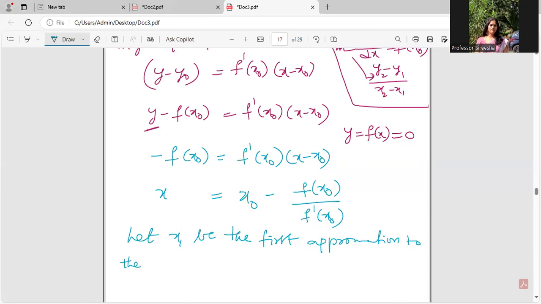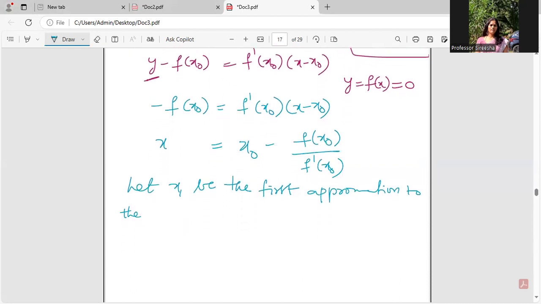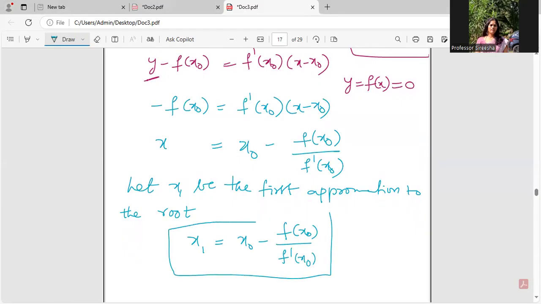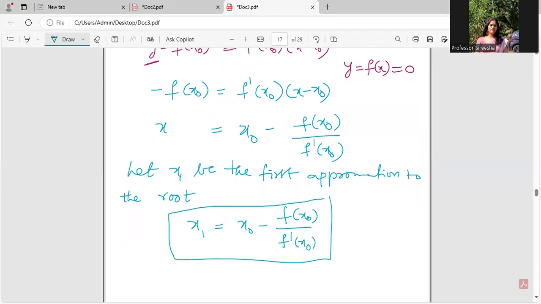Usually, Newton-Raphson method is used to find the root of an algebraic or a transcendental equation. All of you are aware of approximation to the root. So I'll rewrite this as x1 is equal to x naught minus f of x naught by f prime of x naught.